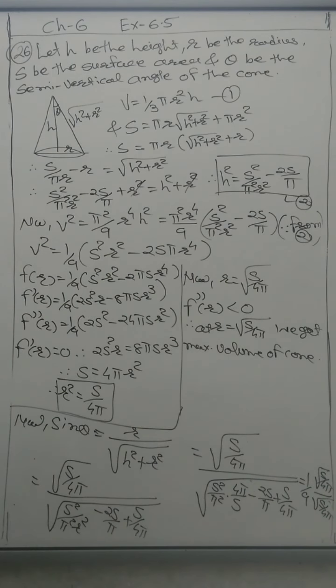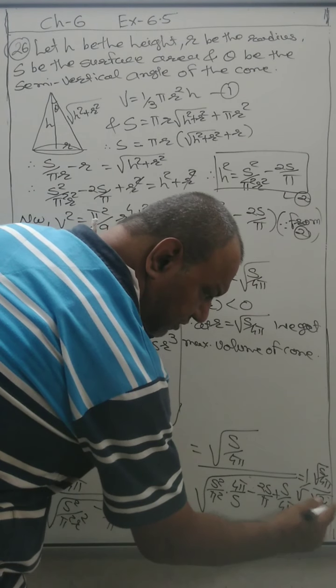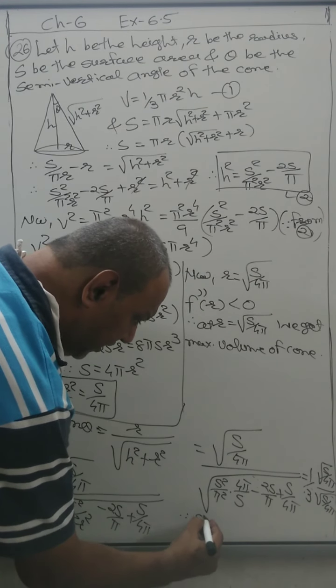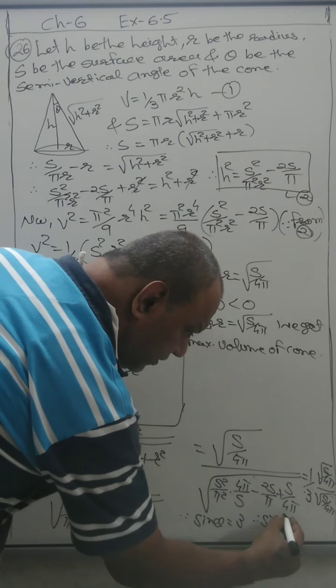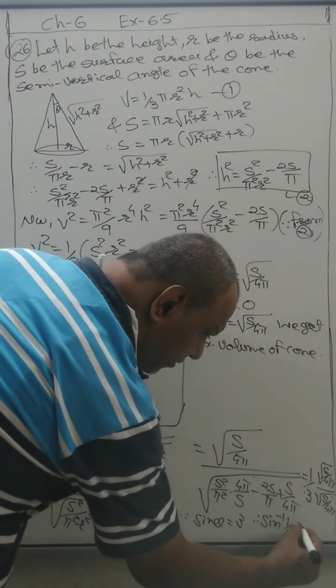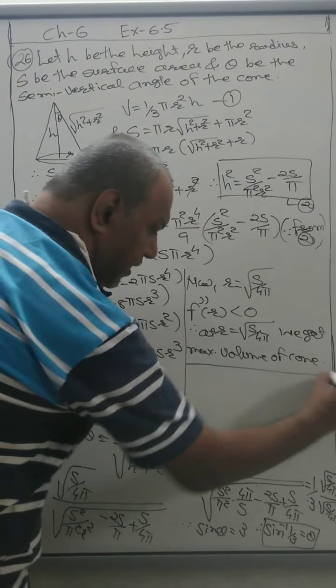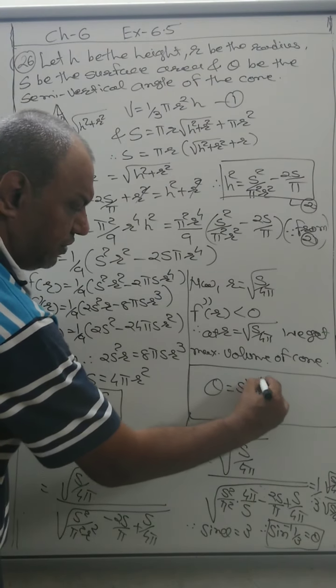So from this, this is 1 by 3, not root; in root it is 9, so it is 3. Therefore we can say that sin theta is 1 by 3, and therefore theta is equal to sin inverse 1 by 3. So I write this answer: theta is equal to sin inverse 1 by 3.